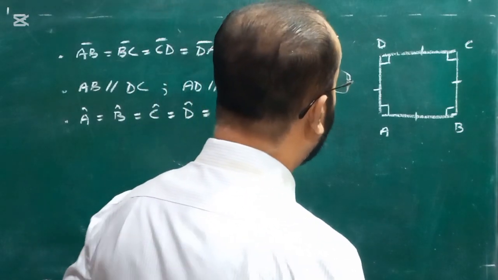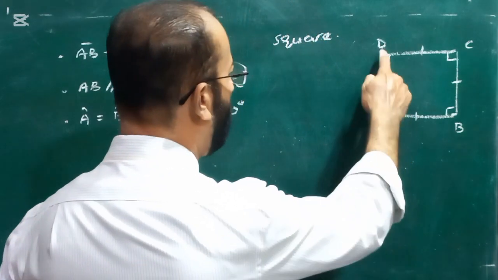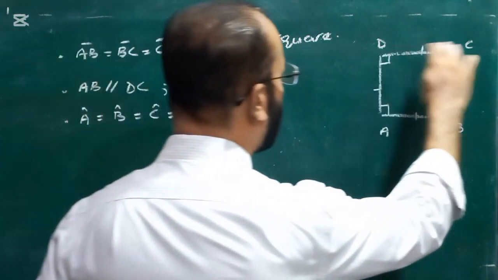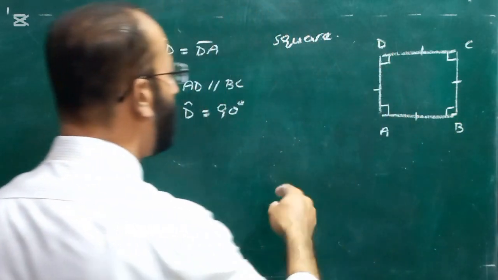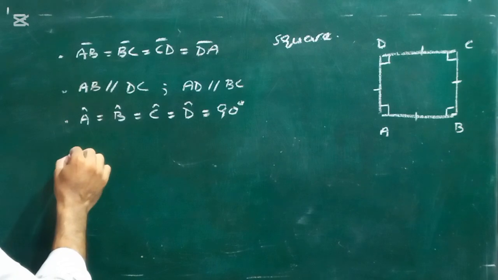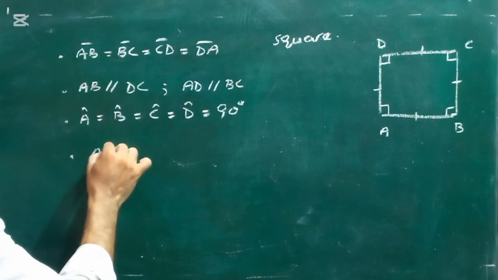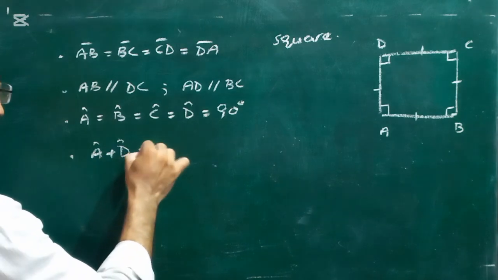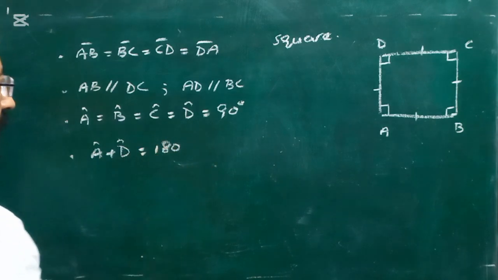Okay. Moreover, the sum of two inner angles, because the two lines are parallel, so A plus D, because each angle is of 90 degrees, A plus D is equal to 180 degrees.